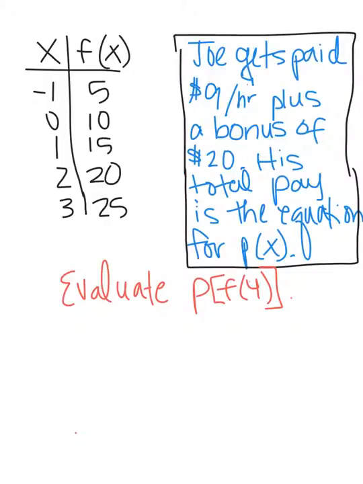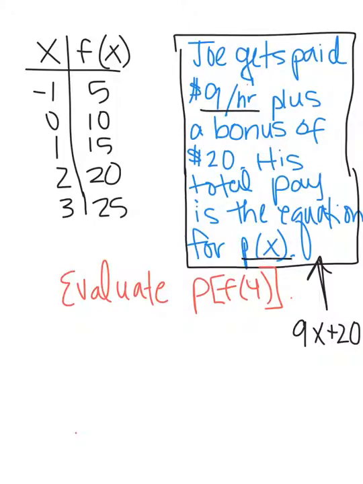It says Joe gets paid $9 per hour plus a bonus of $20. His total pay is the equation for P of x. So if we look at this word problem, he's getting paid $9 per hour, and that can be written as 9 times x, depending on how many hours, plus the bonus of $20.